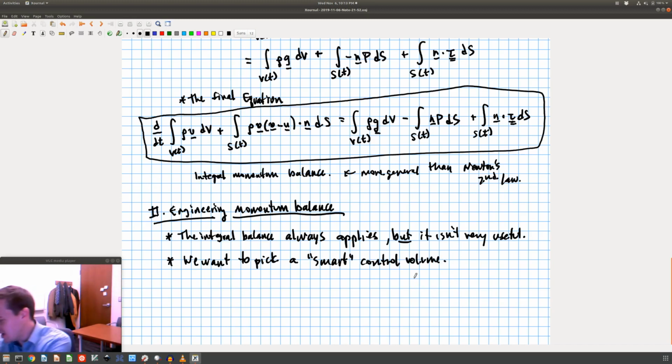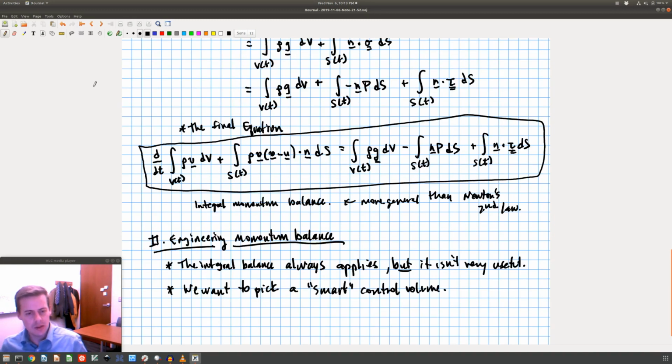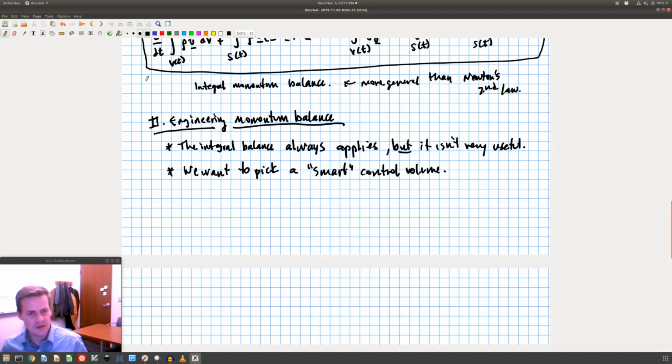In this case, these are the following assumptions. We want to have a smart control volume, and a smart control volume has the following parts. It has discrete inlets and outlets. That was the same assumption we had in the mass case.